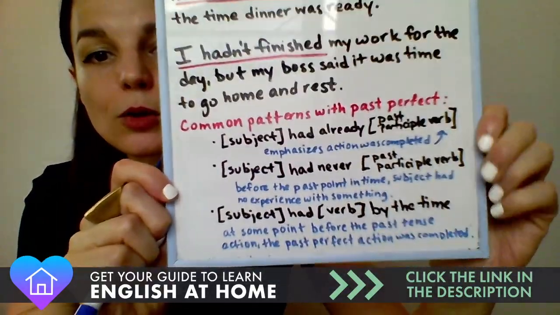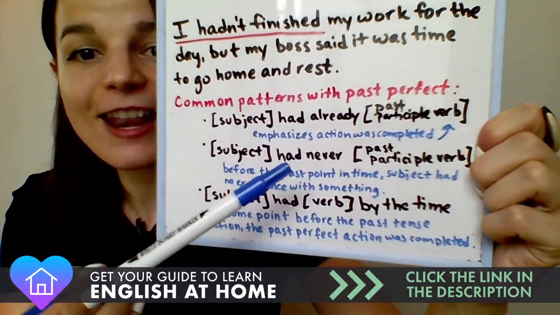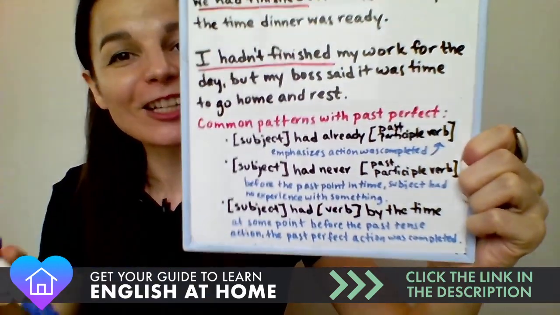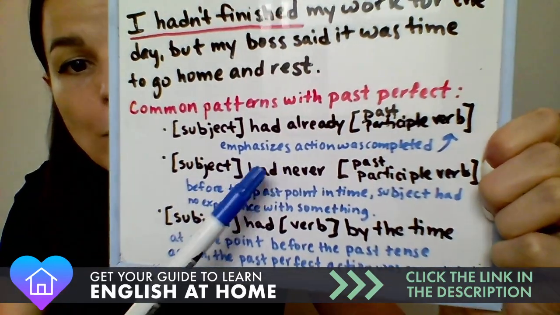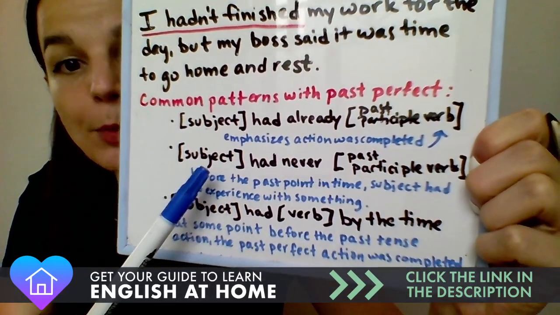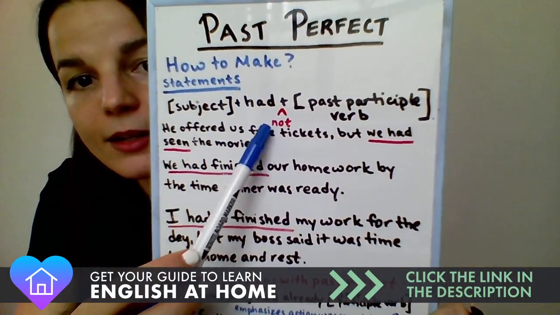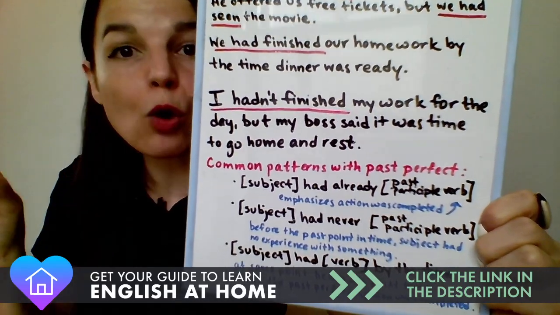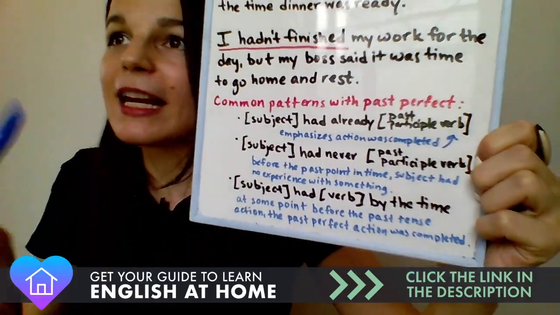Okay, let's go to common pattern number two. Subject, had never, past participle verb. I think lots of you are familiar with this pattern. When we see "never" before the past participle verb, you can imagine it like "not," but it's expressing no life experience of something, also in the past.